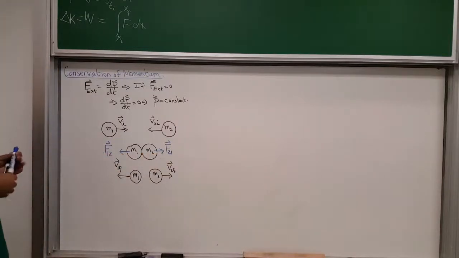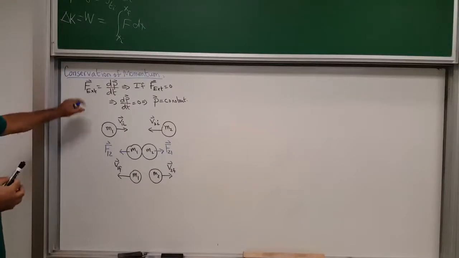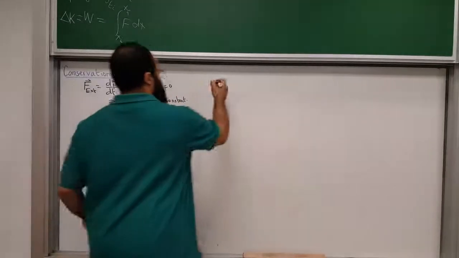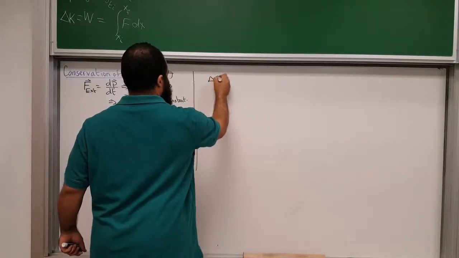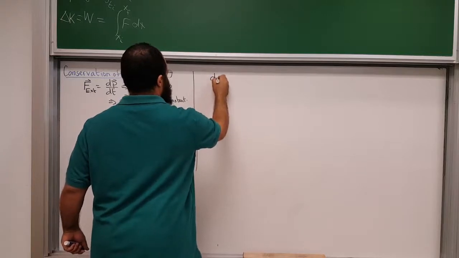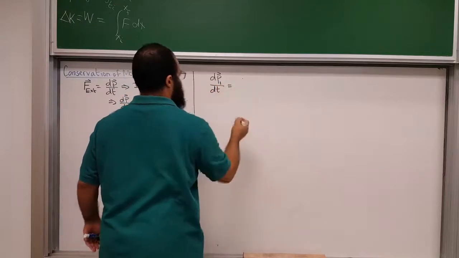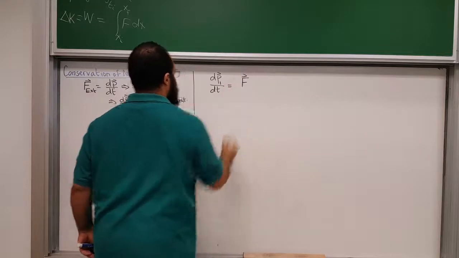So let's write down the momentum equation for mass 1 and then the momentum equation for mass 2. The change in momentum, dP1/dt, is equal to the force on object 1.